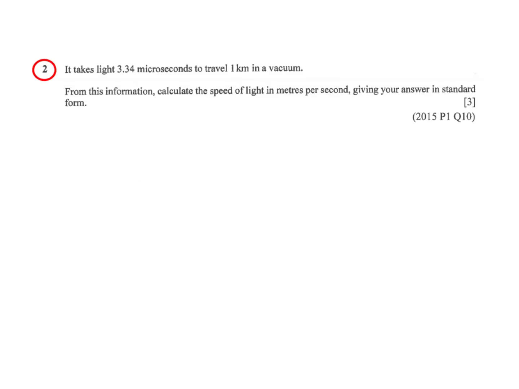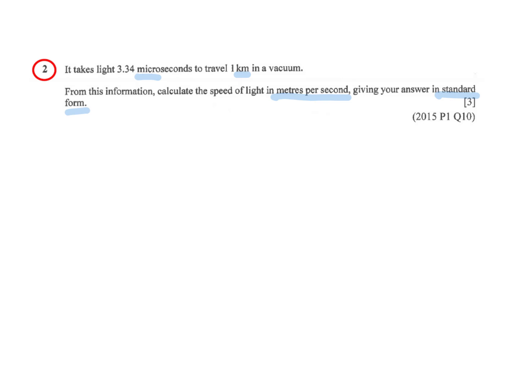Here's our first question. It takes light 3.34 microseconds. So the question here said microseconds, right? To travel 1 kilometer in a vacuum. From this information, calculate the speed of light in meters per second, giving your answer in standard form. Alright, so there is a couple of things that we need to know.